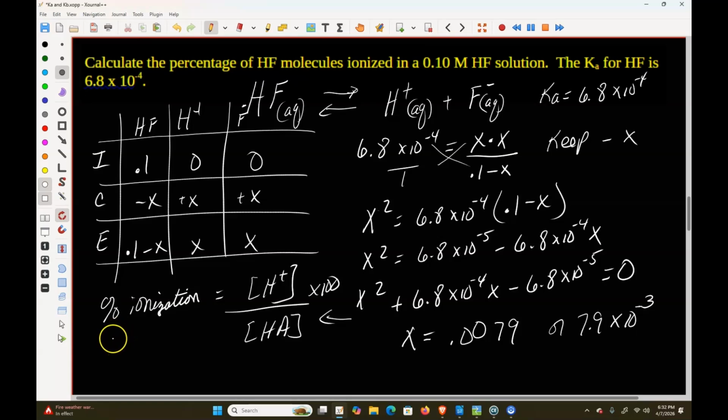So we have 7.9 times 10 to the negative 3rd divided by 0.1 times 100. So my answer is going to be 7.9% ionization.